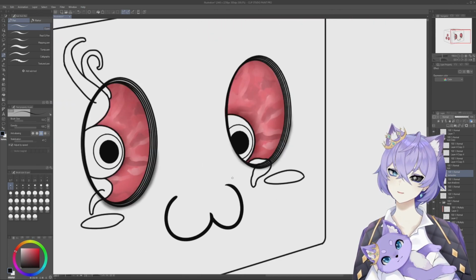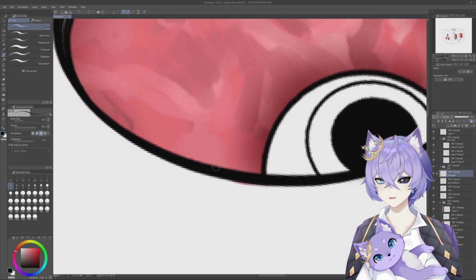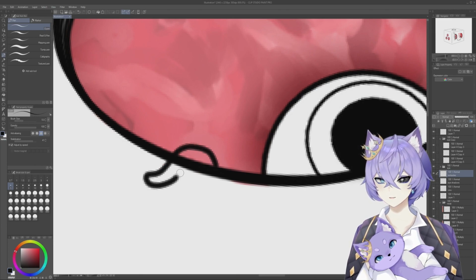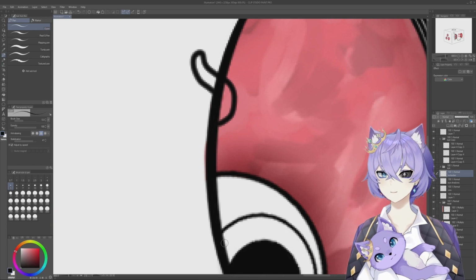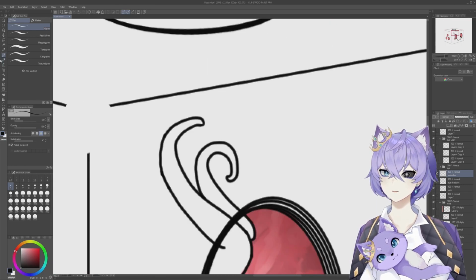Do I need a second one? Maybe just like a tiny little tentacle coming out this way. Like that. Just like it's peeking through.